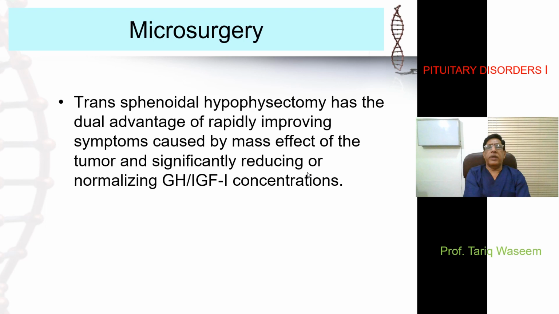The microsurgery can be performed through the transsphenoidal approach, hypophysectomy, and that has a dual advantage: it can also improve the symptoms resulting from mass effect, which may be causing optic chiasma compression and leading to bitemporal hemianopia, and it would not only reduce the production of growth hormone, but also reduce the size of the tumor.